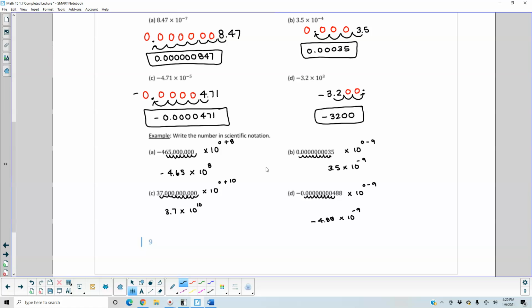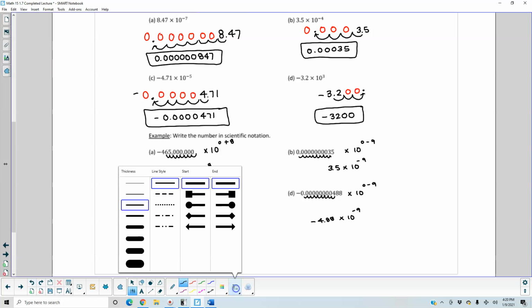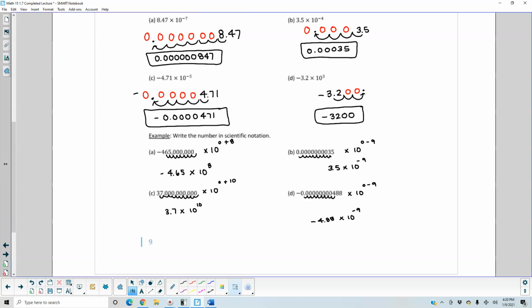If we write negative 465 million, we write that times 1, okay? And that means the same thing as 10 to the 0, because you remember 10 to the 0 is going to give you 1.